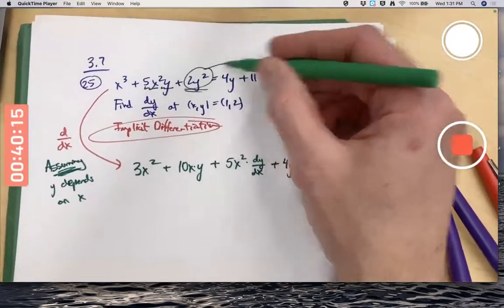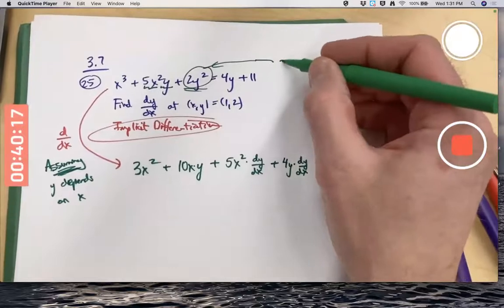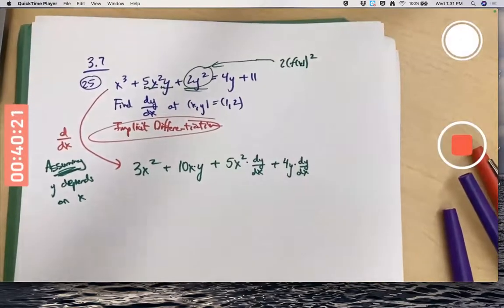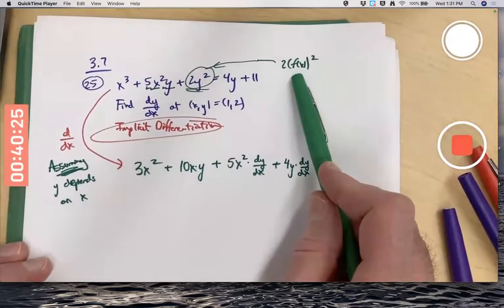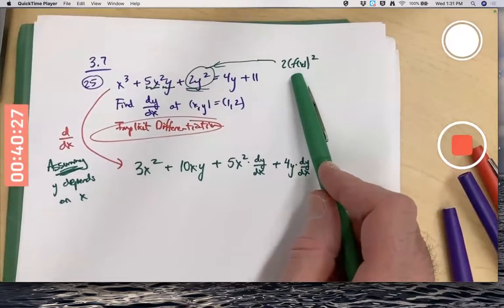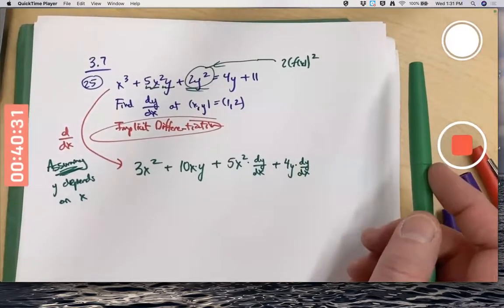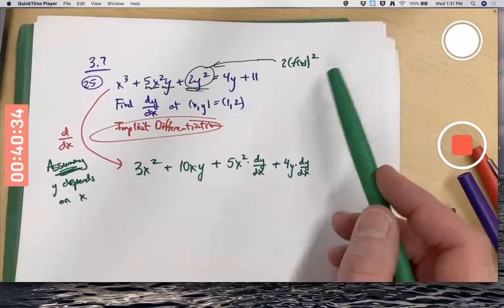This is really analogous to 2 times f of x quantity squared, if you pretend the function's name is f. The inside function here is the f of x. The outside function is 2x squared. You would need the chain rule to differentiate this with respect to x.